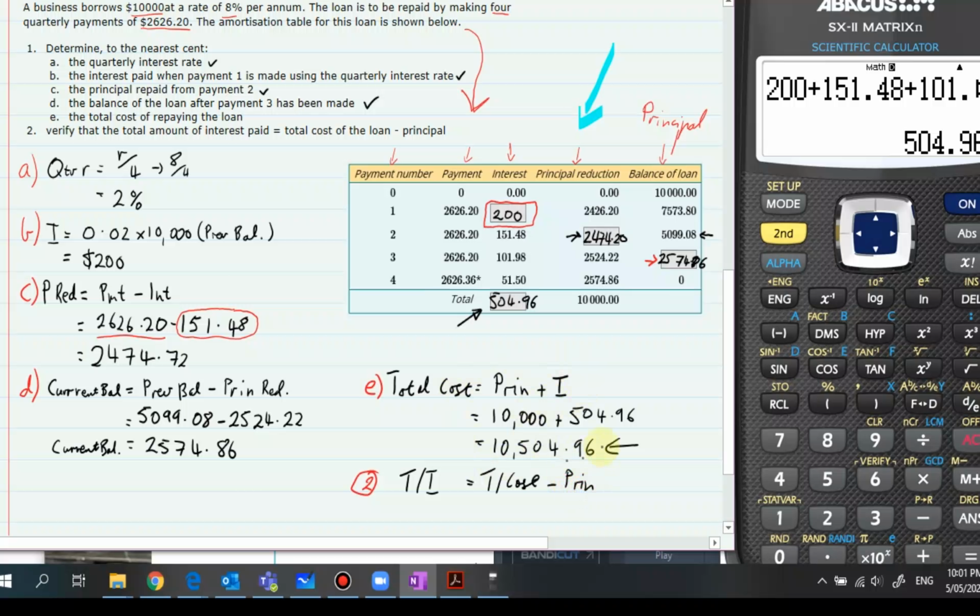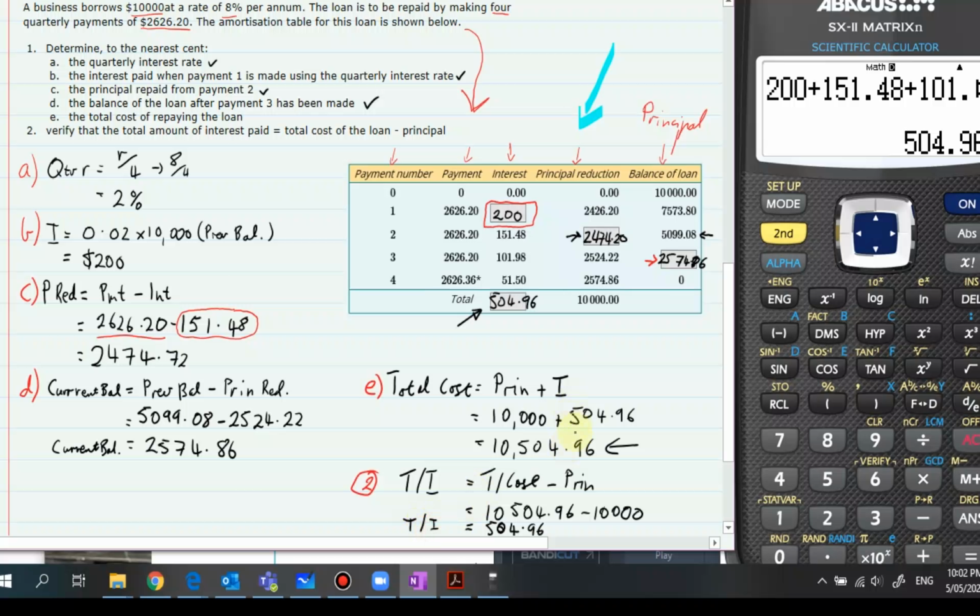Based on how we've worked that out, that's going to be obviously correct. Total cost of the loan, $10,504.96, take away 10,000. Couple extra zeros might help, and we get 504.96.